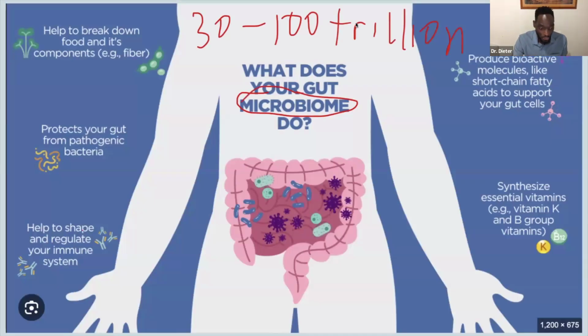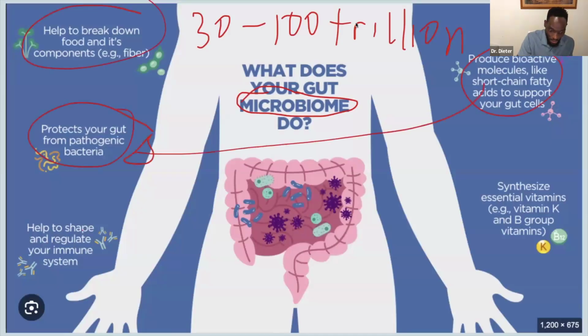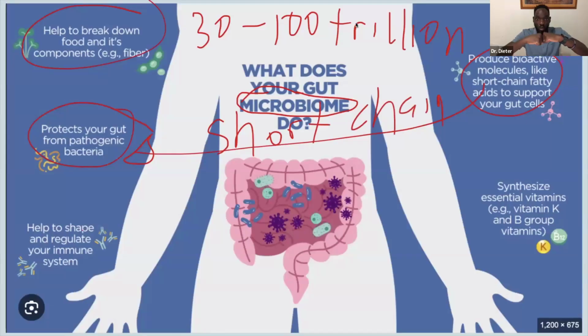They perform several functions: help to break down fiber, help to protect the gut from pathogenic bacteria. And one way they do that is by producing a very special fatty acid called a short chain fatty acid. The short chain fatty acid goes to strengthen and keep the walls of the colon strong. The walls of the colon are joined to each other, one after the other.